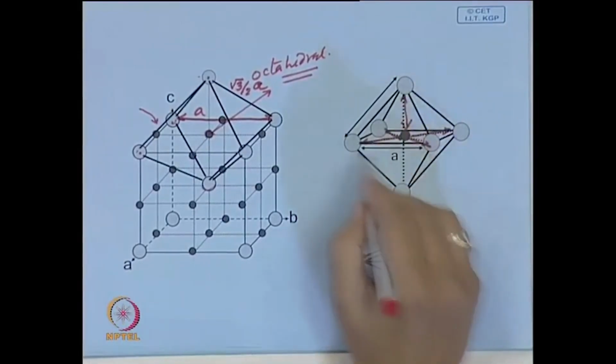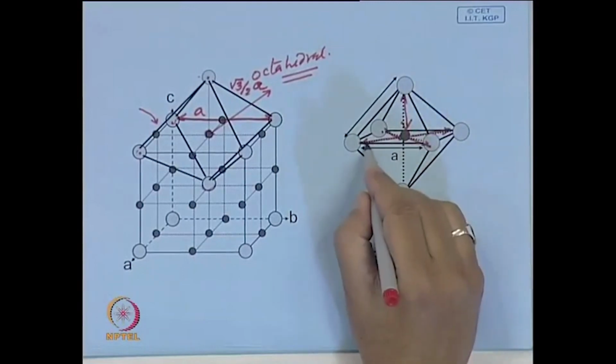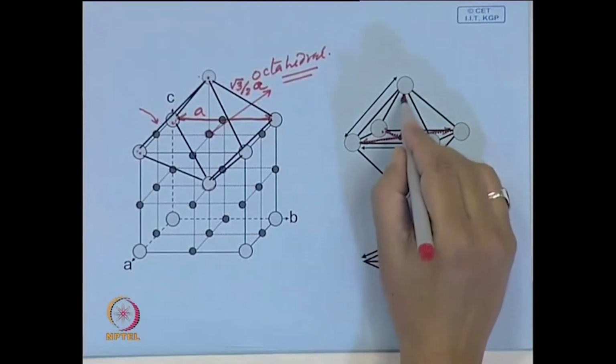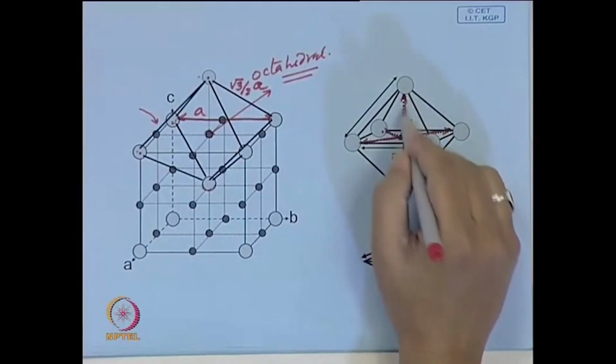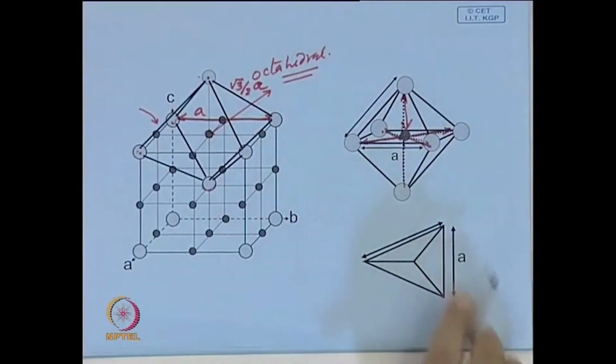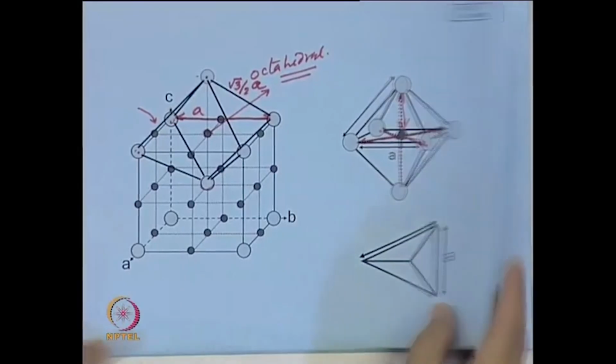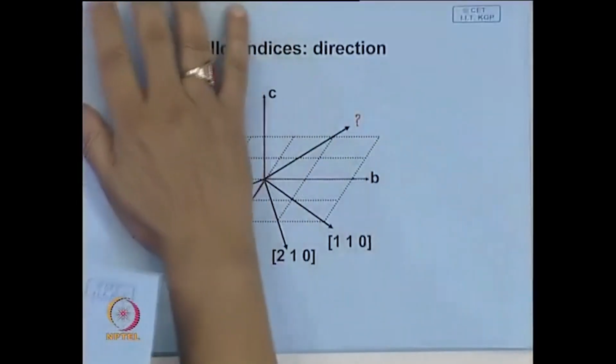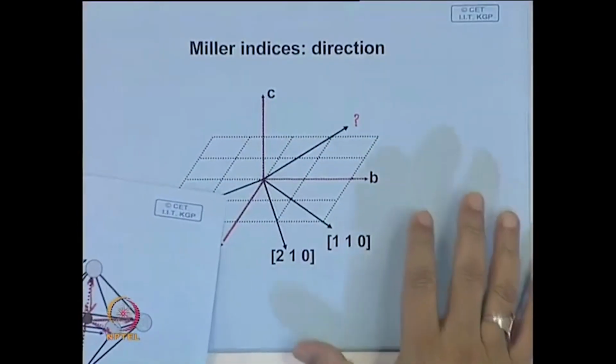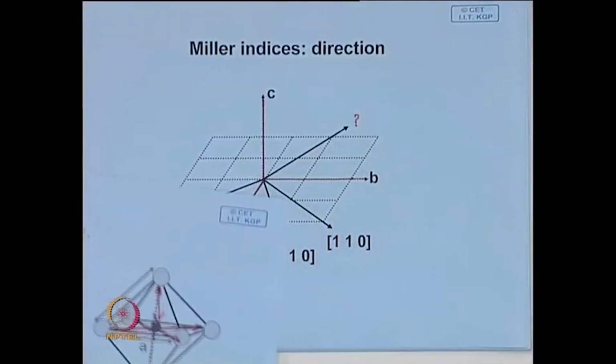Is it the same in all directions? The dimension along the face diagonal and the dimension of the gap along the edge. Try and find out what their values are, are they the same? And you can repeat a similar thing for the tetrahedral site as well.